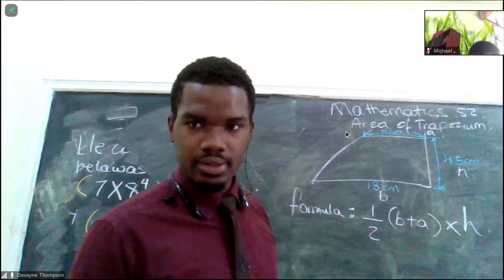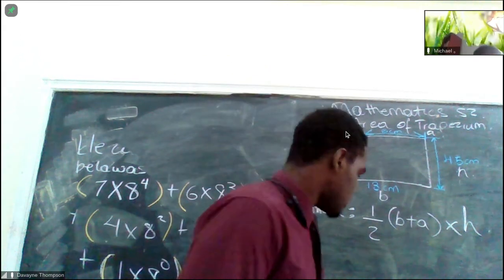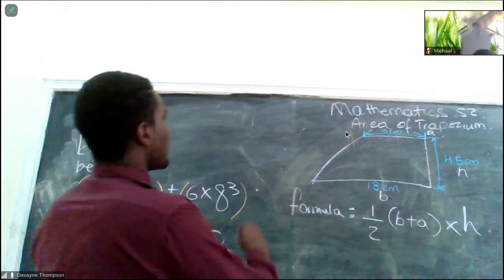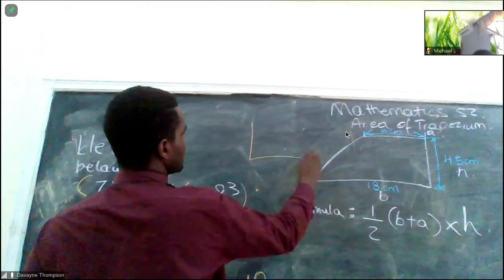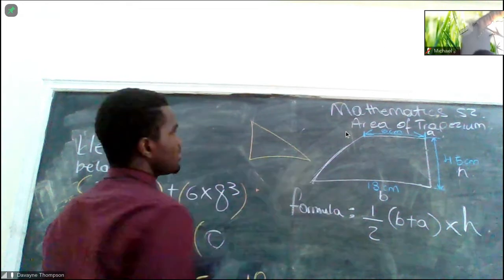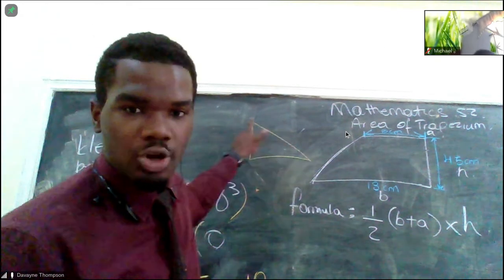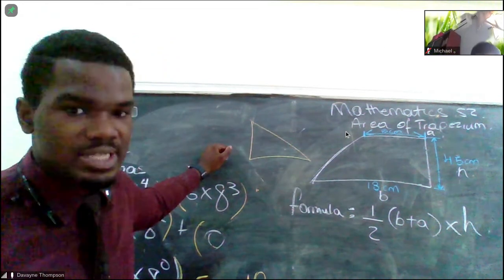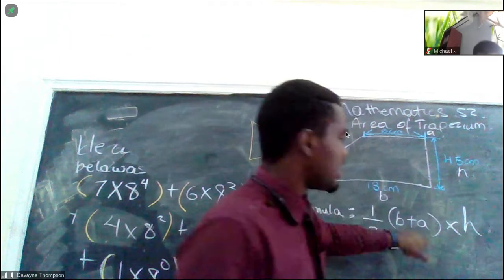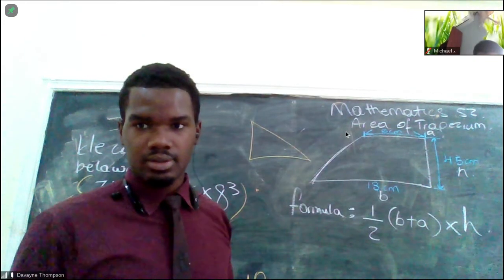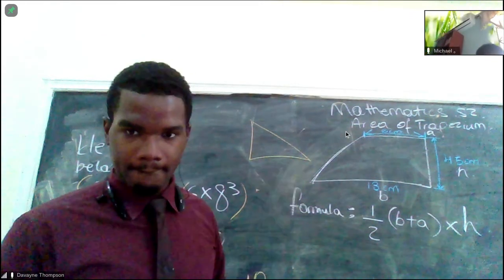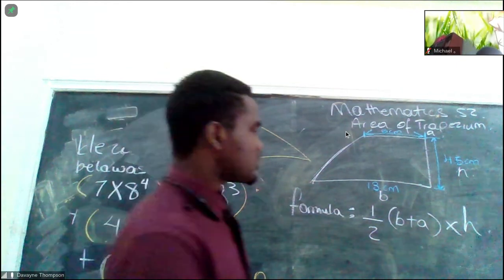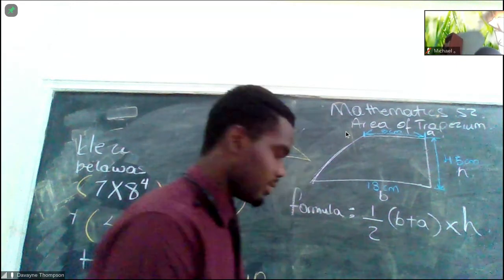See that? In a normal triangle, wouldn't we have just this? We wouldn't have had any a in a normal triangle. So that's why we must add the a into the formula. Clear everybody?